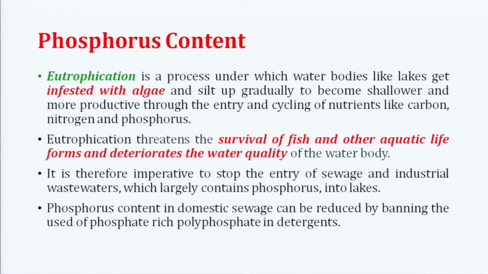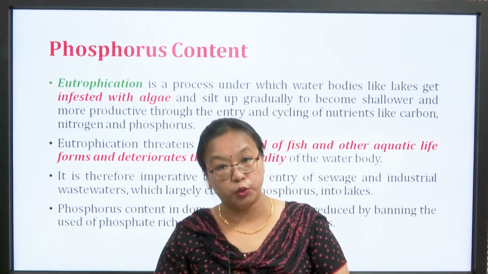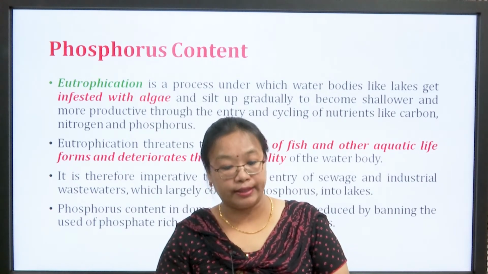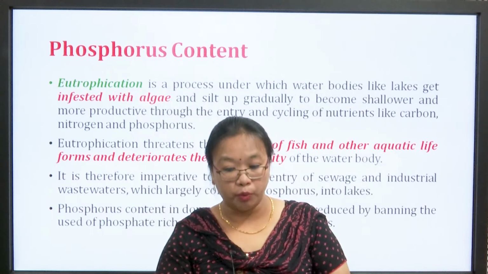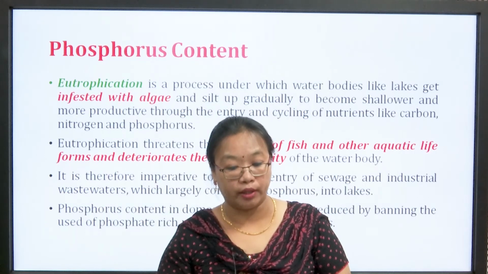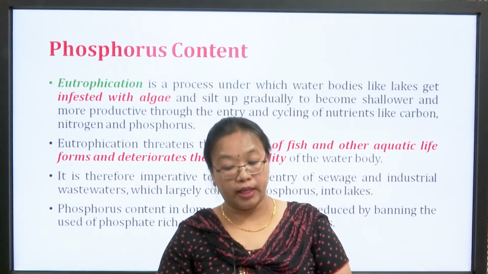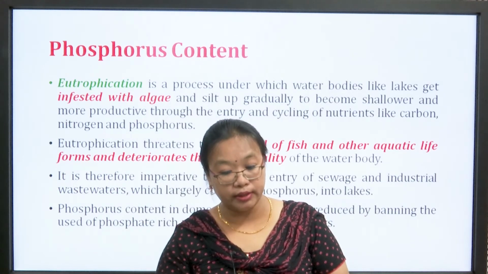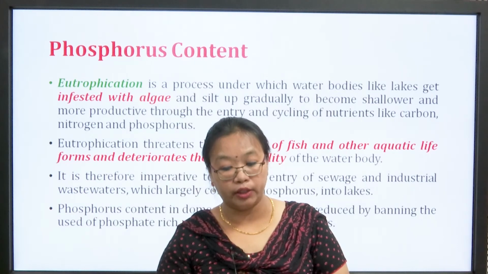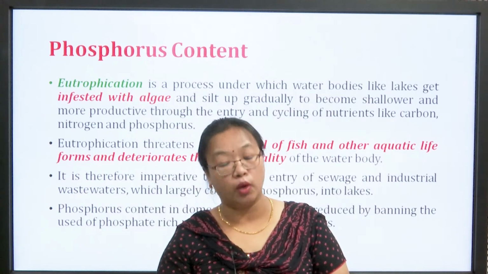Eutrophication is a process under which water bodies like lakes get infested with algae and silt up gradually to become shallower and more productive through entry and cycling of nutrients like carbon, nitrogen and phosphorus. Eutrophication threatens the survival of fishes and other aquatic life forms and deteriorates the water quality of the water body.